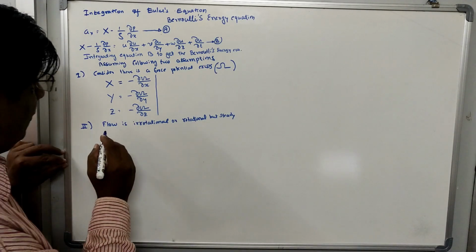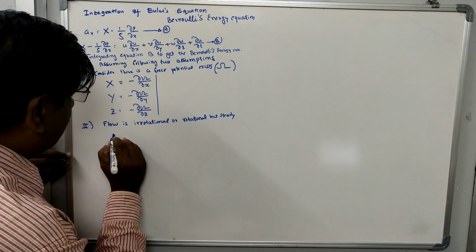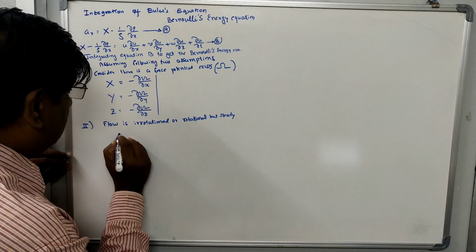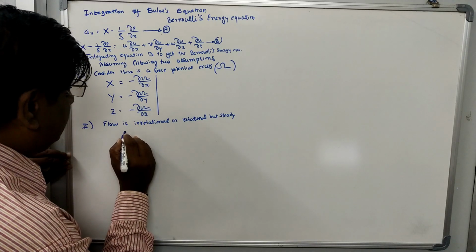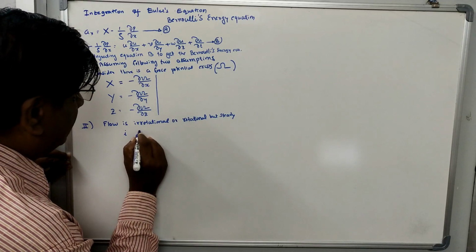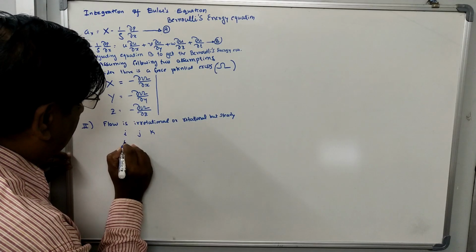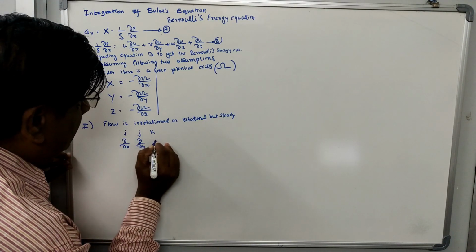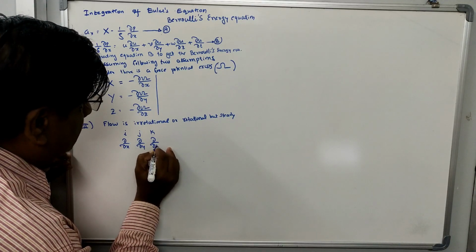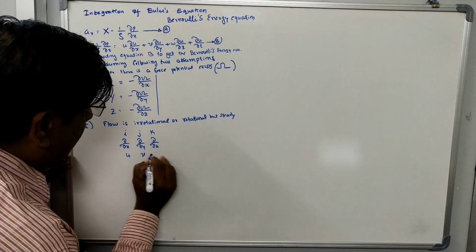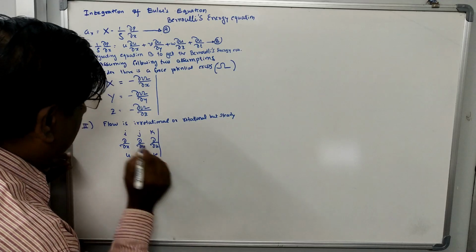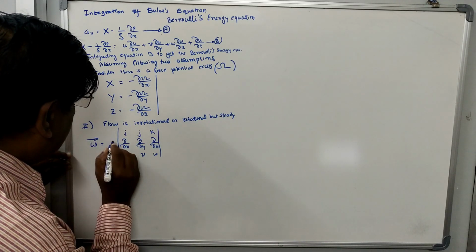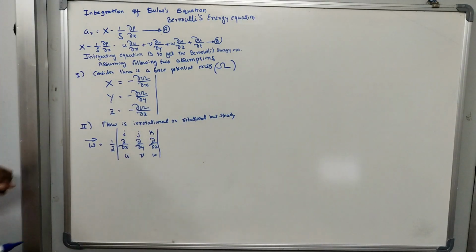Then how to write the equations for omega x, omega y, omega z, as we discussed in the earlier class? You write a determinant with i, j, k, ∂ by ∂x, ∂ by ∂y, ∂ by ∂z, then u, v, w. This is the omega vector, with a factor of half.